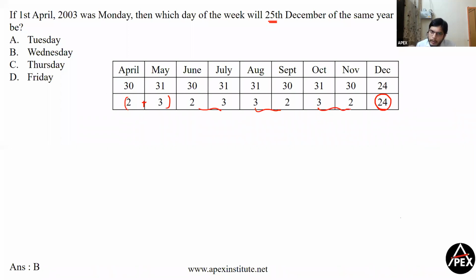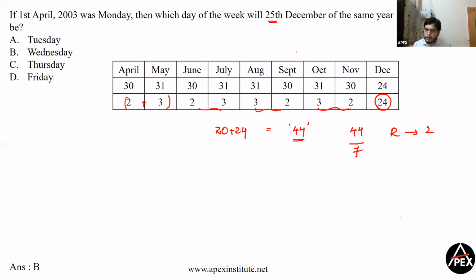So 20 plus 24 is 44. Now I will find the total number of odd days in these 44 days. 44 divided by 7, the remainder is 2. Given that 1st April was Monday, add 2 to Monday, the answer is Wednesday.